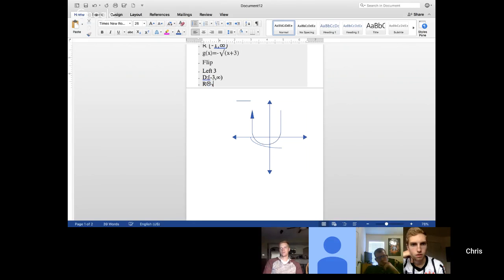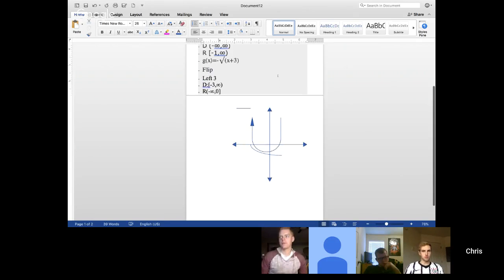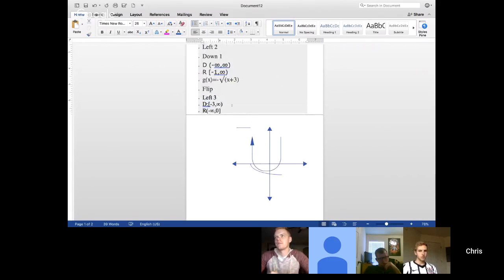Negative infinity to 0, square bracket. I think that'd be the case because we go out to infinity and start at 0. Does that make sense? Yeah. Right. Okay.